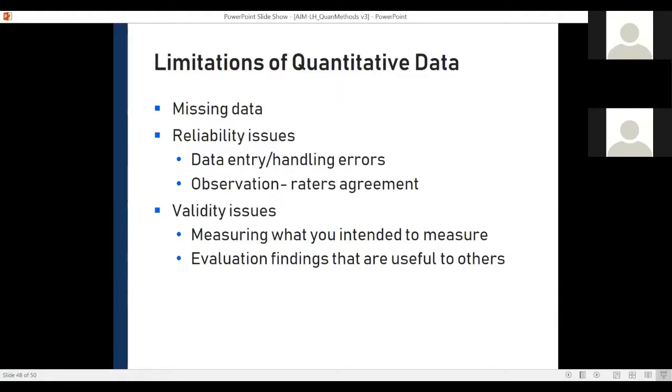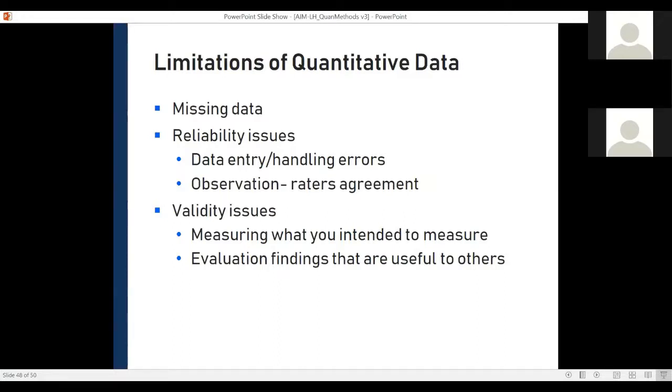So of course there's the limitation of missing data. If it's a survey that participants are filling out themselves, they may not fill out certain sensitive questions. They may skip some. And if it's something like a document review, like Peg talked about earlier in the webinar, some sites or clinics might not report all the information the same way as others, so you may have some missing.